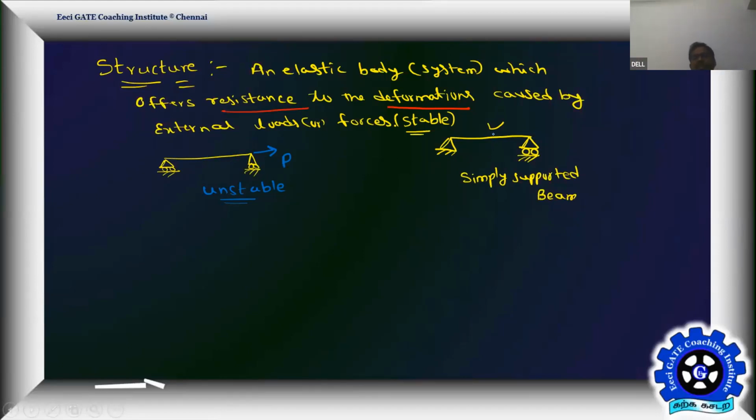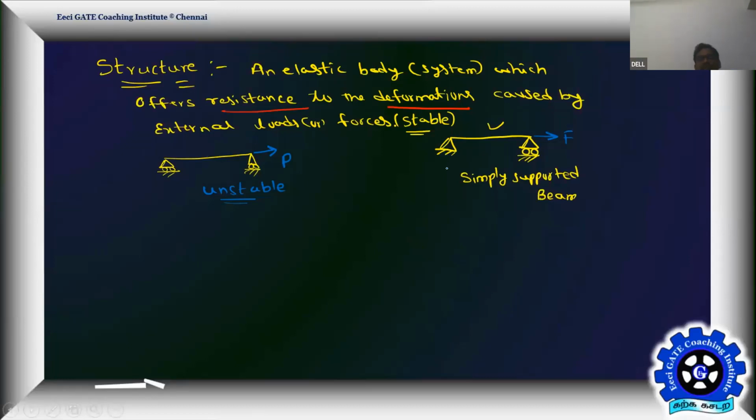This one is called simply supported because you apply some force on it. Now, if I apply some force, will it be disturbed? No. It remains stable because the hinge support offers resistance to horizontal loading.